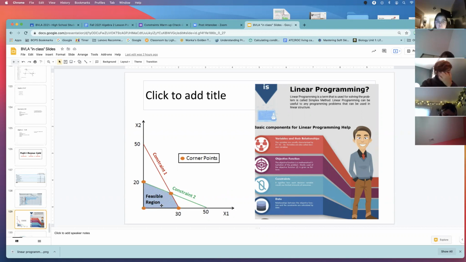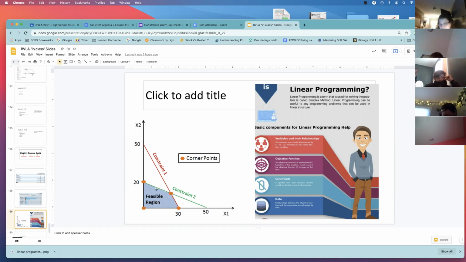Most of the time you use this for maximizing profit. So all of these points in the feasibility region is what you could do. It's possible that you could make that much. And if you want to maximize profit, you're trying to do as much as possible, so you push everything out.